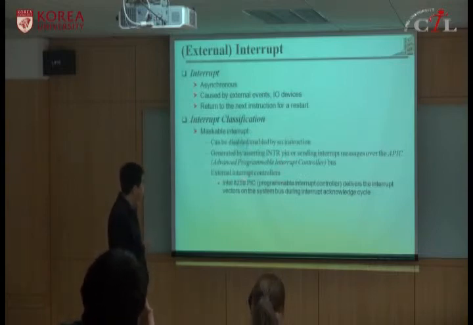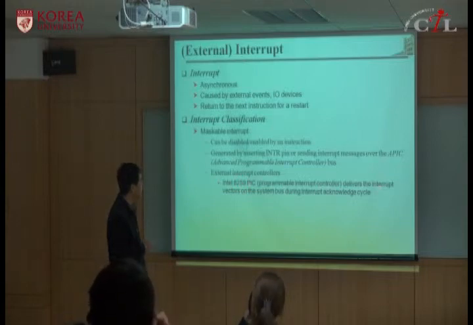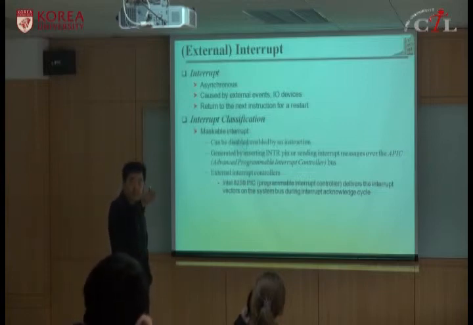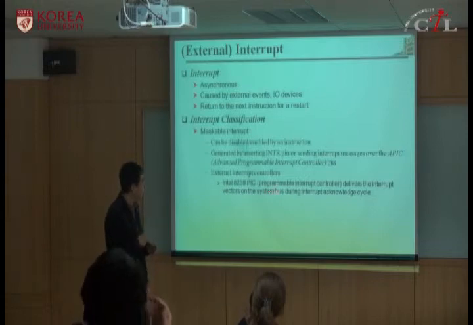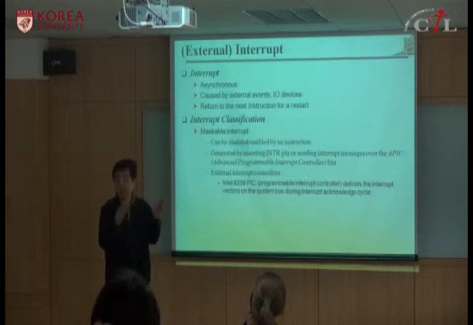So this is generated by asserting an interrupt pin. And usually, in the past, Intel had the 8259 programmable interrupt controller that delivered this interrupt vector on the system bus. You assert the interrupt pin, and at the same time you generate an interrupt vector and put it onto the system bus, the processor bus.